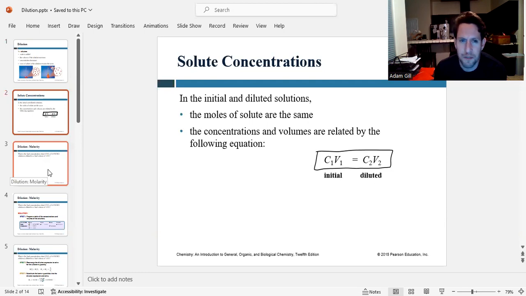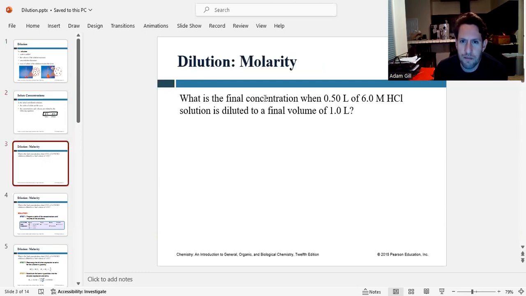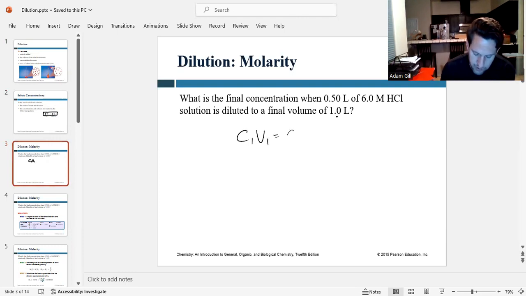Let's do some examples. What is the final concentration when 0.5 liters of 6 molar hydrochloric acid solution is diluted to a final volume of 1 liter? So we're going to use our equation. C1V1 equals C2V2. The initial concentration here is 6 molar.